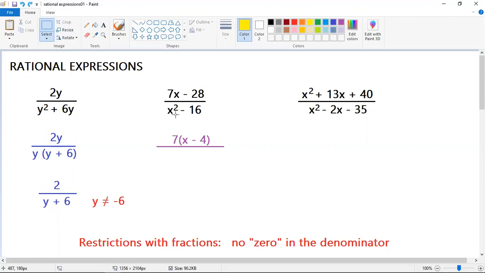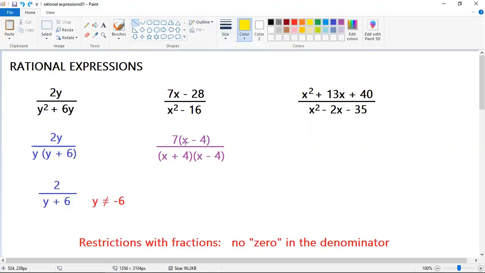The denominator is x squared minus 16. If you notice, this is a difference of two squares. We learned before that when we have a difference of two squares, we can have two binomials with the square root of this number, so you're getting x plus 4 and x minus 4. The x minus 4 in the numerator is common with x minus 4 in the denominator, so we can cancel this out.